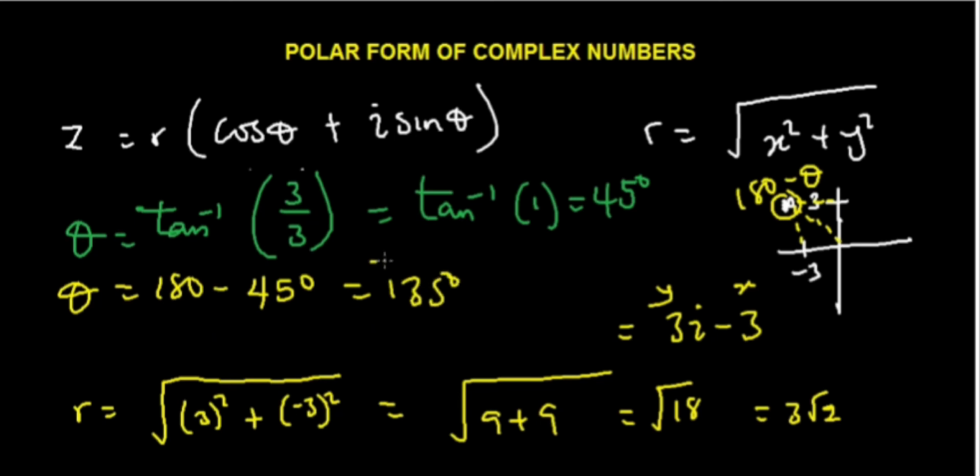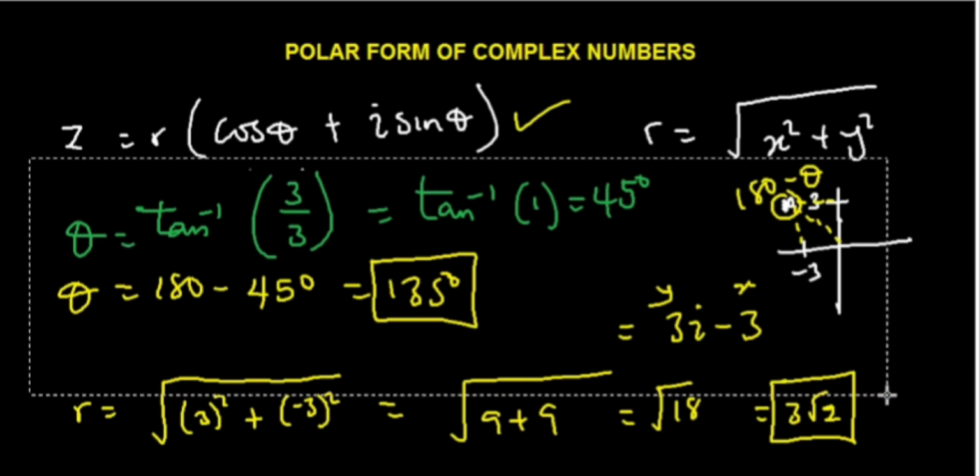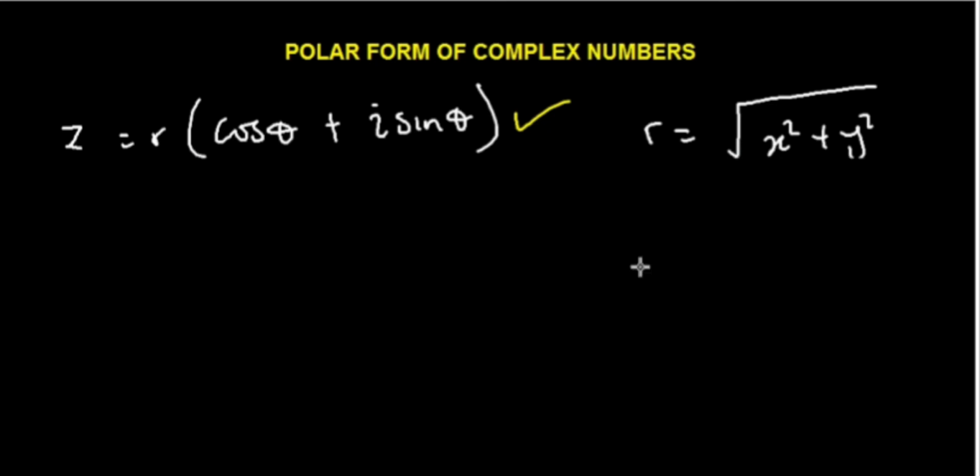So this is my angle and this is my r. In that case, I'll put it together to satisfy this representation, and that will be our final answer. z is equal to, what's my r?